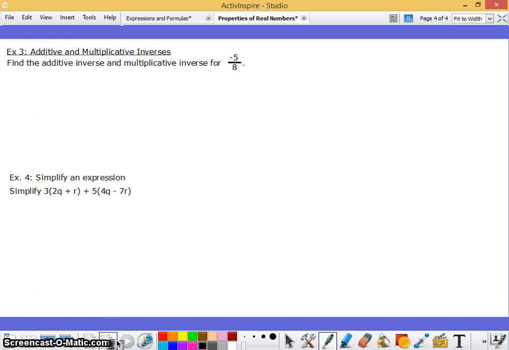Alright, moving on. So, the additive and multiplicative inverses. So find the additive inverse and multiplicative inverse for negative 5 over 8. So again, additive, I told you in that chart, you want to think opposite. So, we have negative 5/8. The opposite of that is positive 5/8.